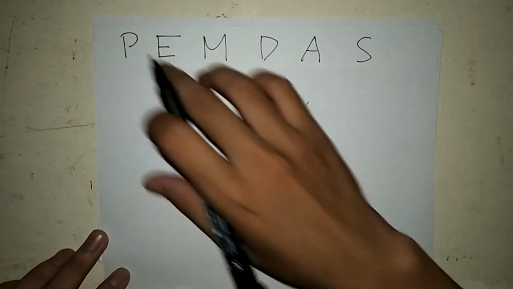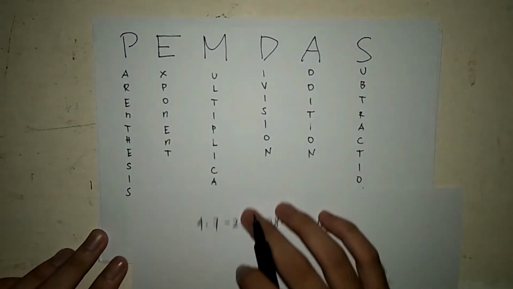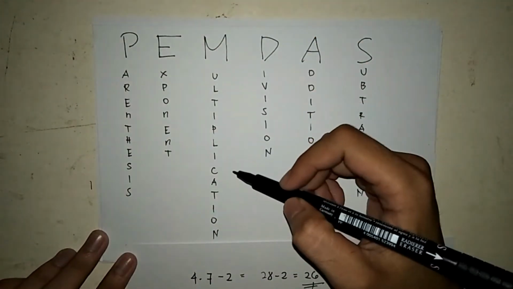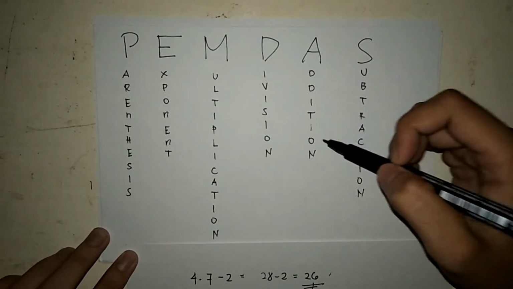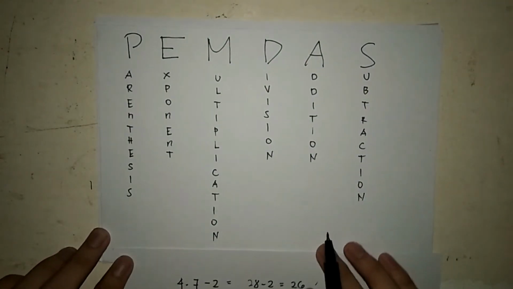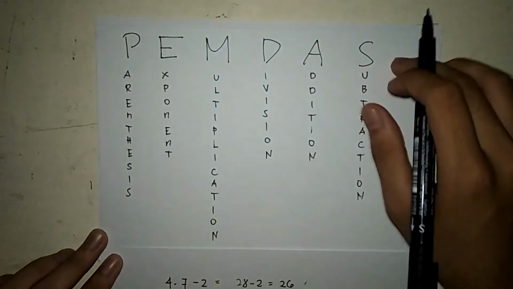So P stands for parenthesis, E stands for exponent, M stands for multiplication, D stands for division, A stands for addition, and S for subtraction. So first, ito yung naka-sequence na to guys.